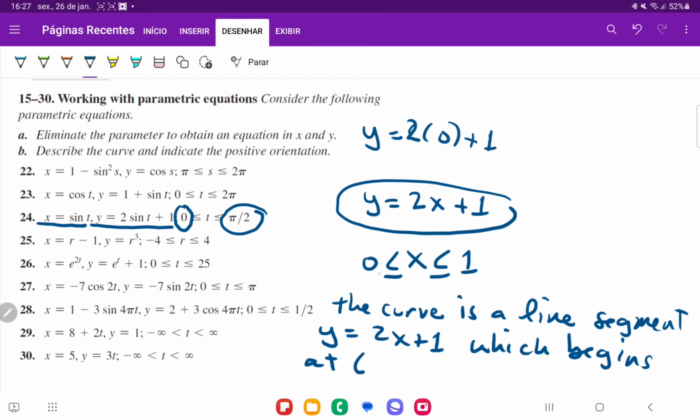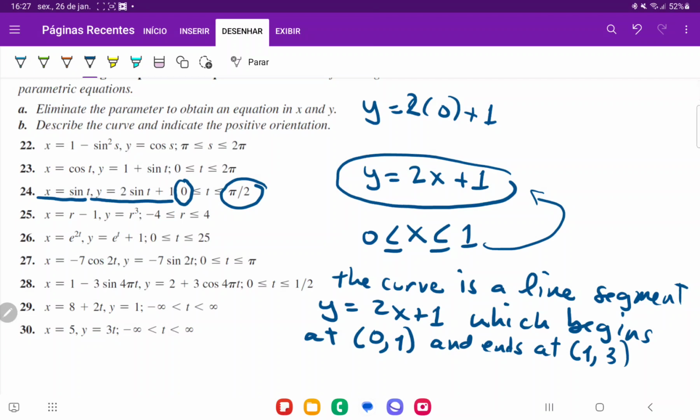So it begins at the point 0 for x and 1 for y, and ends at, so the upper boundary for x is 1, and if we plug in 1 there, we're going to have y is 2 times 1 plus 1, which is 3. So it ends at the point 1, 3.